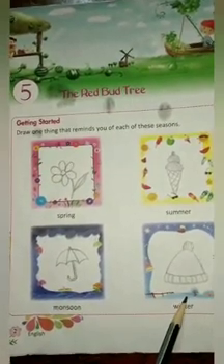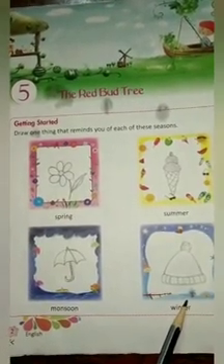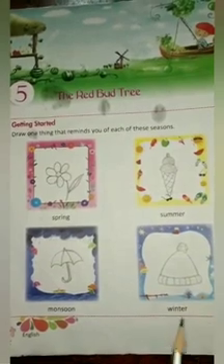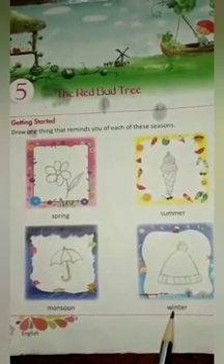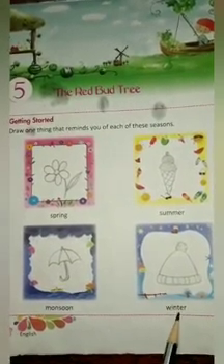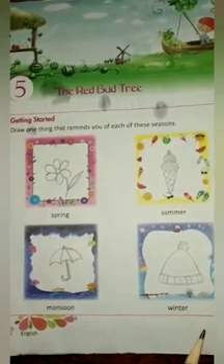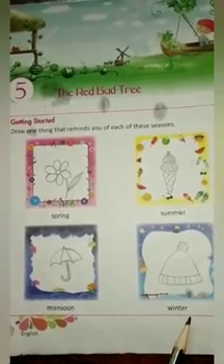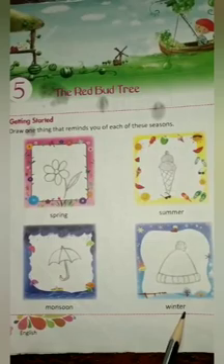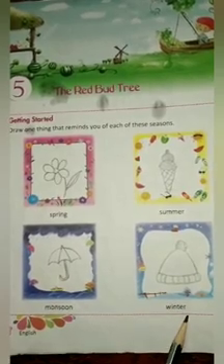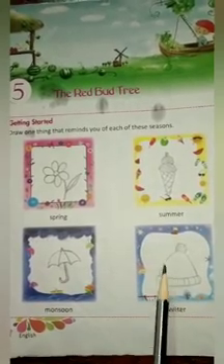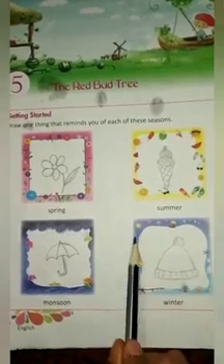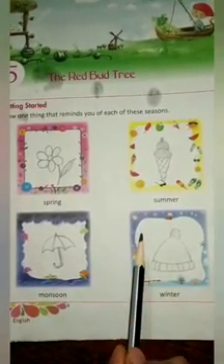And in the last box, you have to draw the picture that reminds you about winter season. As you all know that winter is the coldest season of the year. So here you can draw a cap. Okay, children? So this is the activity you have to do at your home.